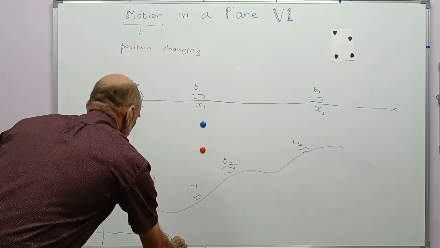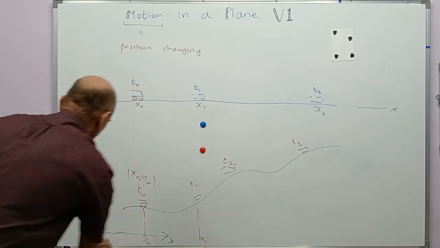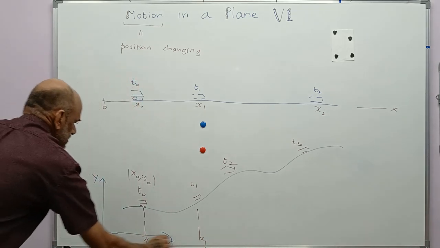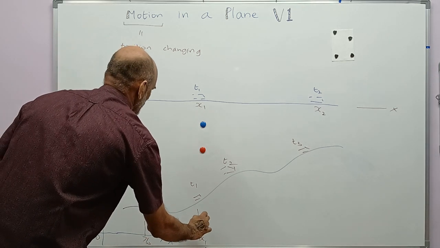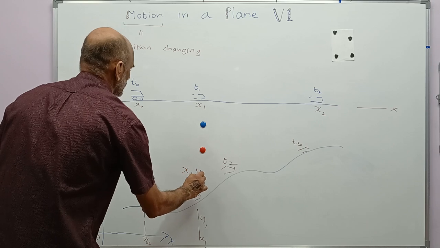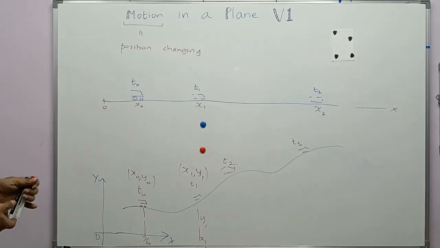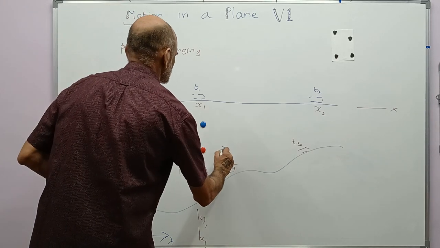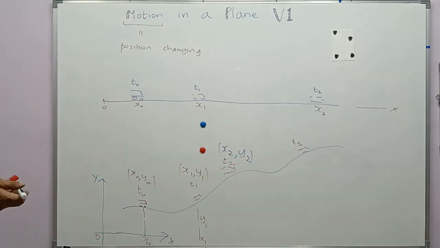So at a later time, this is x1 from the origin. The distance of this point is x1 and this vertical distance is y1. So the location of this point, it's x1, y1. So position of the vehicle at time t2 is x2, y2. So we need two coordinates to specify the position of the object moving in a plane.